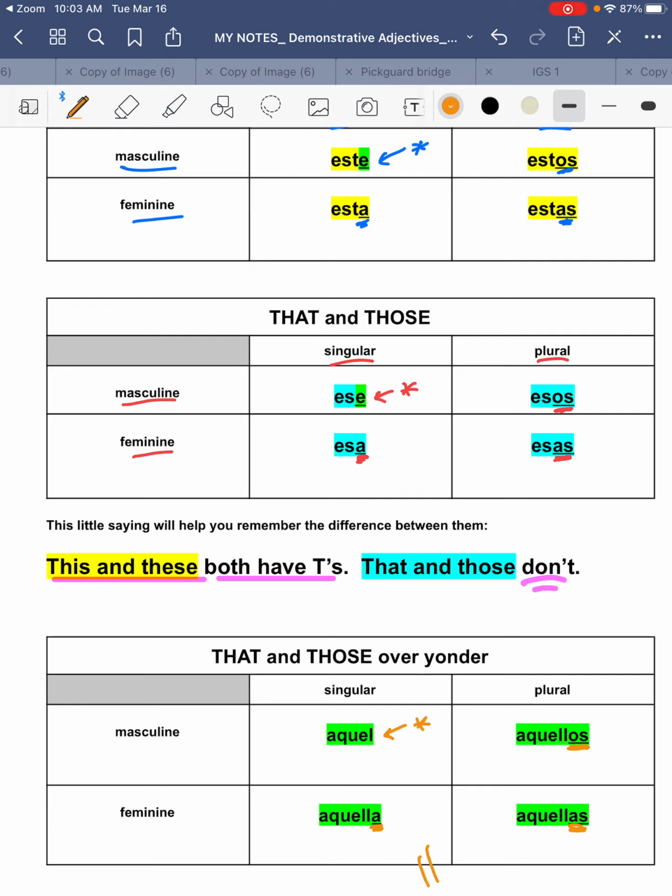We remember that double L kind of sounds like a Y, but not here. That's a single L. Aquel, aquellos, aquella, aquellas. Masculine, feminine, singular, and plural. Irregular masculine singular form. Consistent and predictable forms everywhere else.